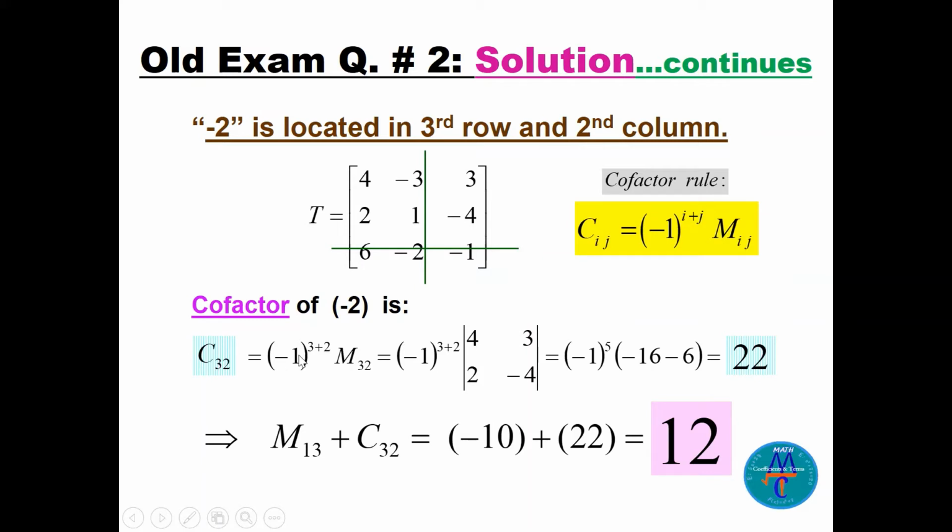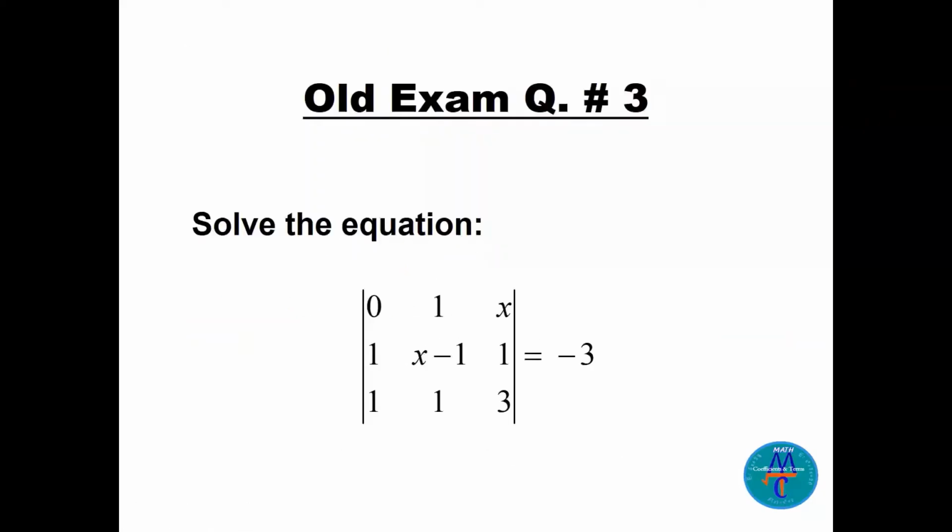So minus 1 to the power 3 plus 2, which is minus 1 to the power 5. Delete row 3, column 2. We are left with 4, 2, 3, minus 4. When you multiply, you get minus 16 and then minus 6. So minus 22, and with minus 1 to the power 5 being minus 1, the cofactor is 22. So the minor is minus 10, plus 22, the answer will be 12.